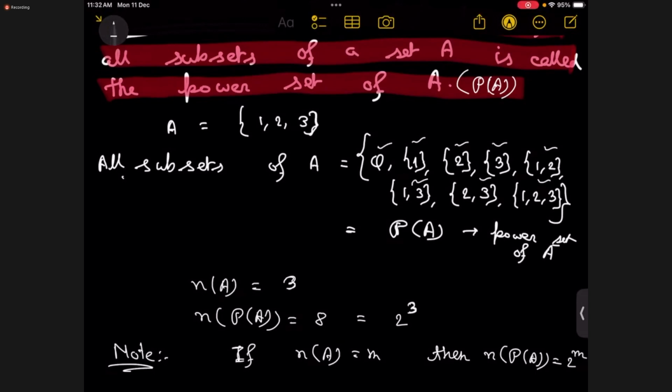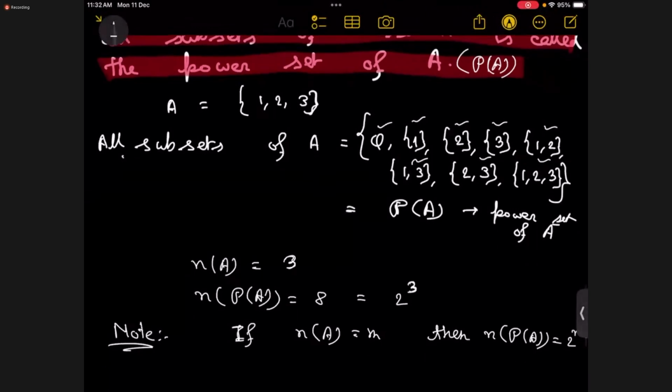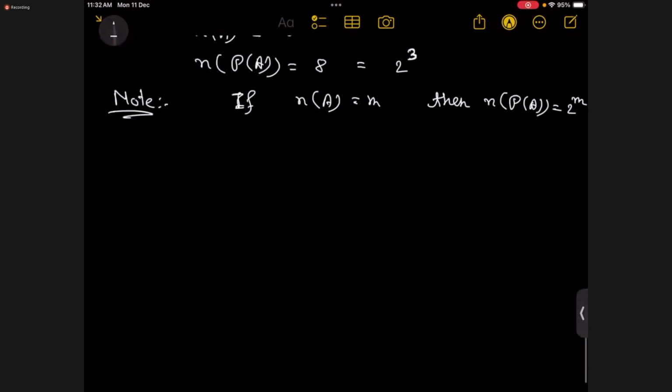But one thing to note: in every power set, the set itself and phi must be elements. For any given set A, P of A must contain at least two elements, phi and the set itself.